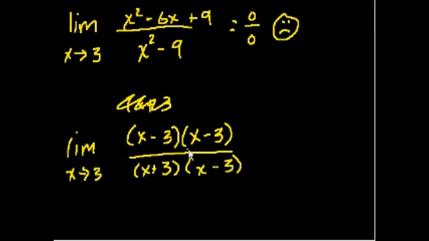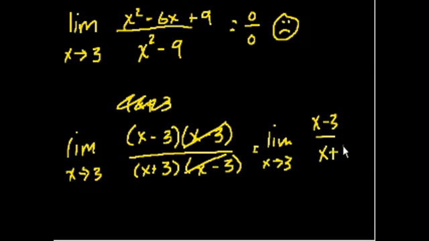It only is 0 when x is equal to 3. And I'm not being very rigorous here, but this is kind of how it's taught, and I think you get the intuition, that this is the same thing as the limit as x approaches 3 of x minus 3 over x plus 3.